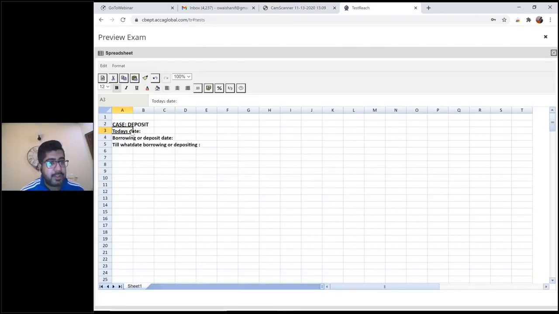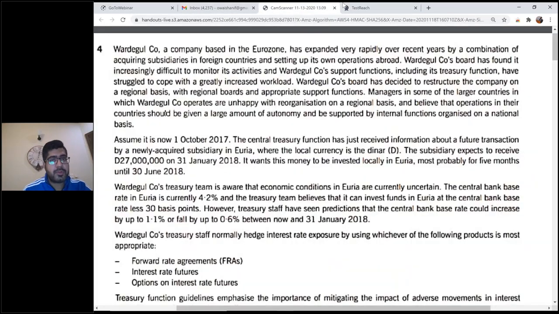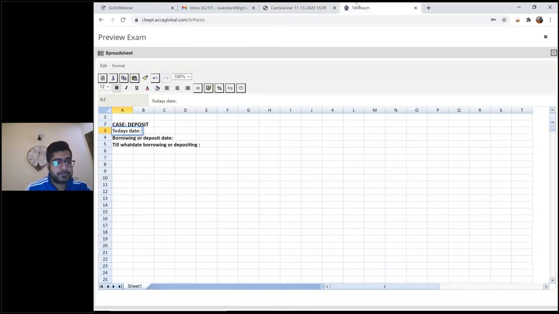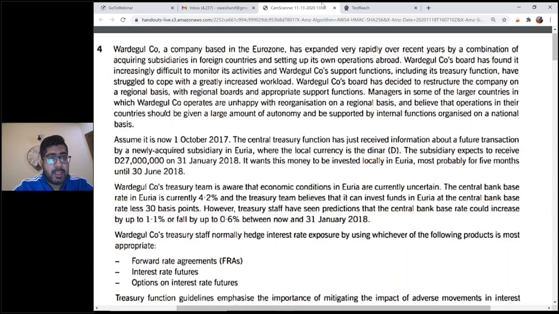Okay. Then, 3 dates. Today's date, 1st October 2017. Go to the paragraph again.